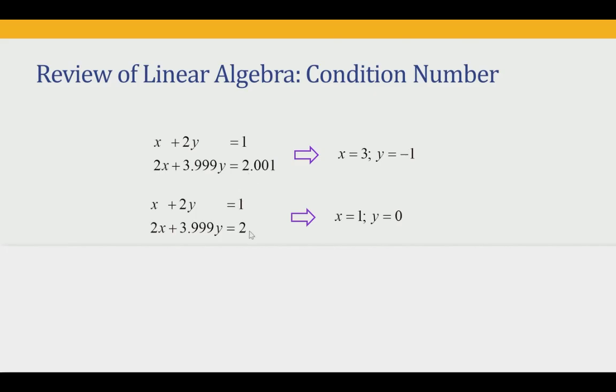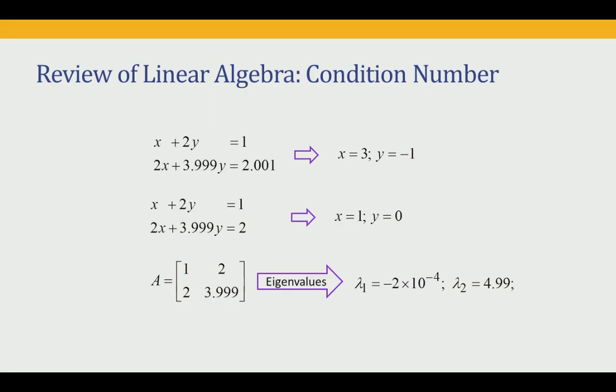Now, if we make a very small change in our B, that means instead of 1 and 2.001, if we change it to 1 and 2.0, we are going to have a very large change in the solution. And the reason for this is what is known as condition number, or what is known as a poorly conditioned matrix.